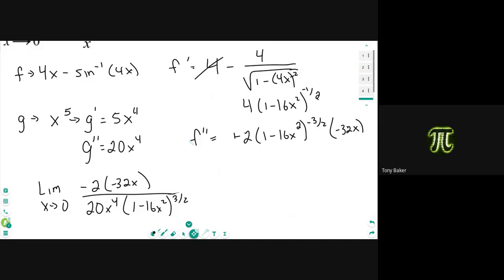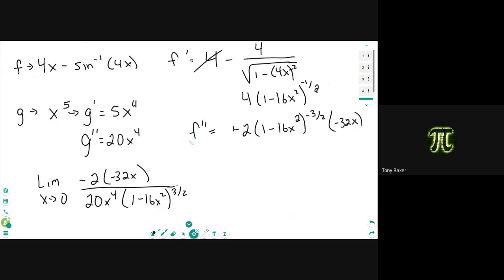I'd be able to get rid of that x. Oh, actually, in that case, it doesn't work out to be 0. So I can get rid of that and that. That makes my life a little bit easier in this one. So we get -64 over 20x to the third, 1 minus 16x squared.